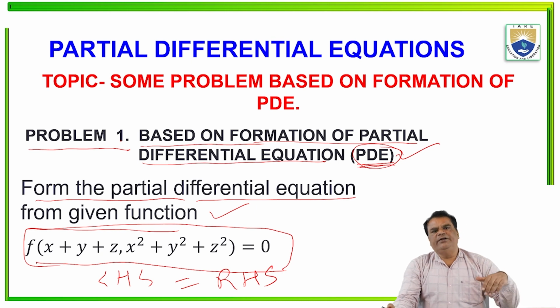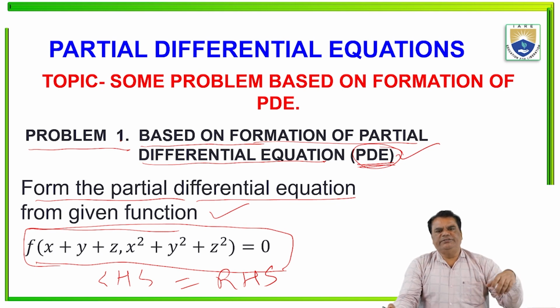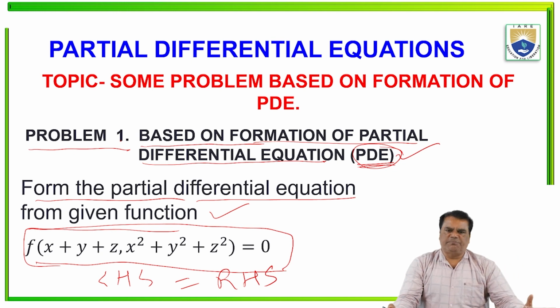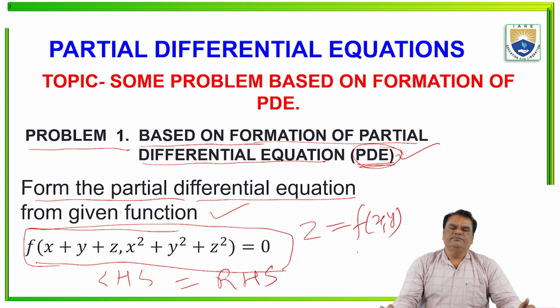So here we can differentiate z with respect to x partially, keeping y as a constant, and we differentiate z with respect to y keeping x as a constant. This is partial differentiation because z is dependent on two variables x and y. So z is always a function of x comma y.